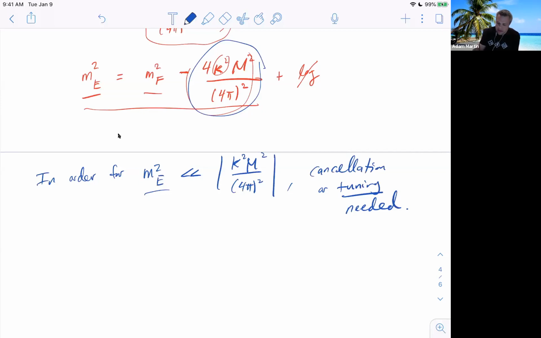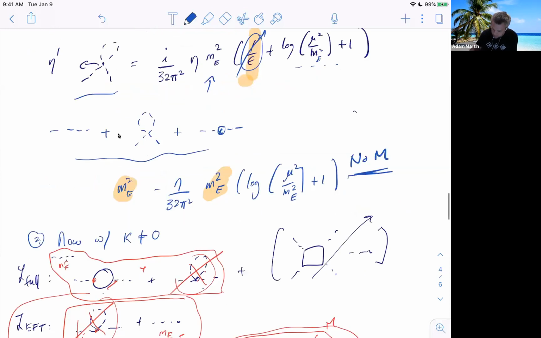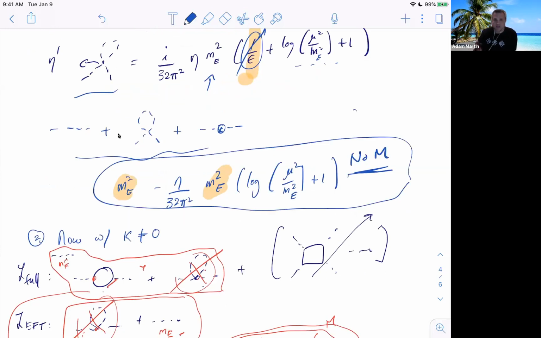The mass in the effective theory is quadratically sensitive to the physical scale of heavy particles that it interacts with. The fact that a single loop diagram is divergent is just an intermediate step. And we saw if there was no connection, the heavy scale didn't show up.